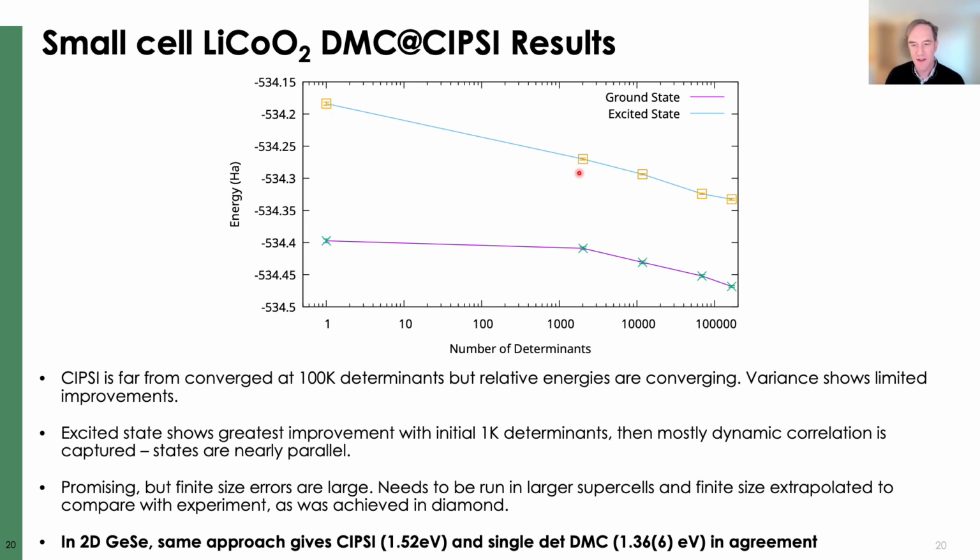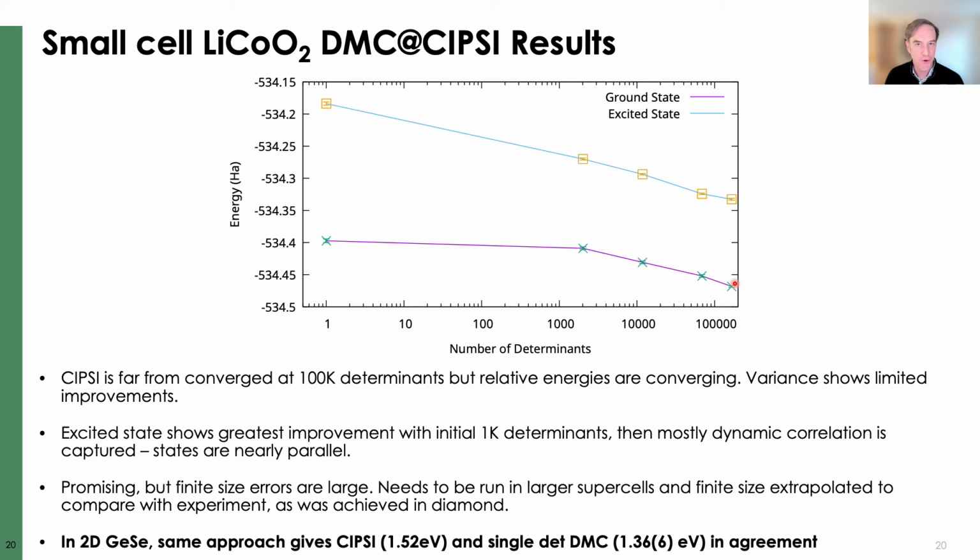Then when we add a few thousand determinants, there's actually a large improvement in the excited state, much more so than the ground state. And then eventually they both start improving. So this is the capturing of dynamic correlation in the CI expansion. And importantly, these lines are starting to be essentially parallel at this point.